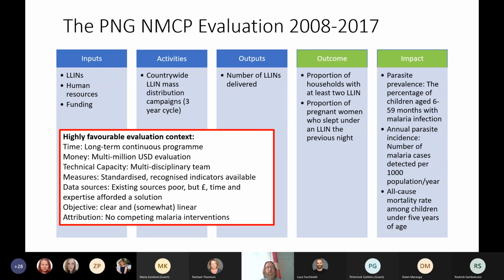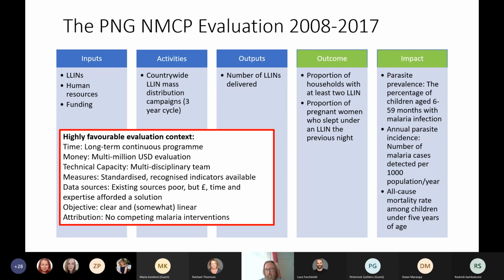Equally importantly, particularly when you're looking at outcome and impact measurement, in a malaria context, there is a wide bank of standardized, recognized outcome and impact indicators readily available. So all of these indicators listed here under outcome and impact, we didn't create. They already exist.